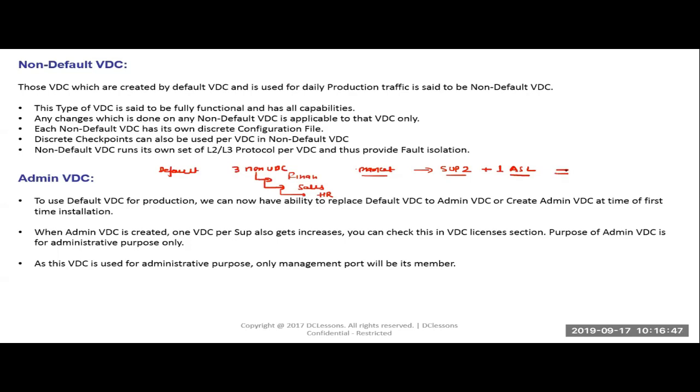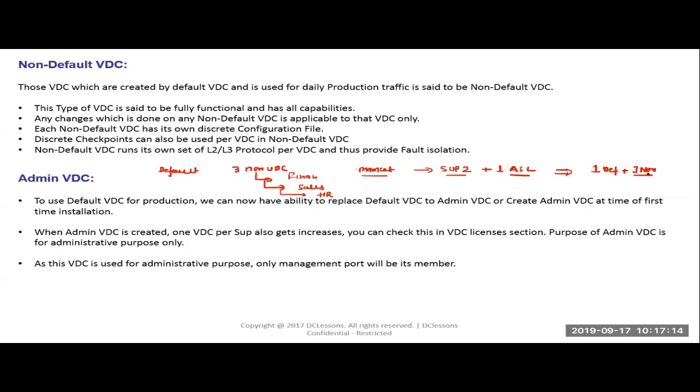There we can only create one default VDC plus three non-default VDCs, which means your maximum limit has been reached. You cannot create another non-default VDC. Now let's suppose a new department, marketing, came, and you want to install a core switch, I mean a core switch which has the functionality of Nexus.